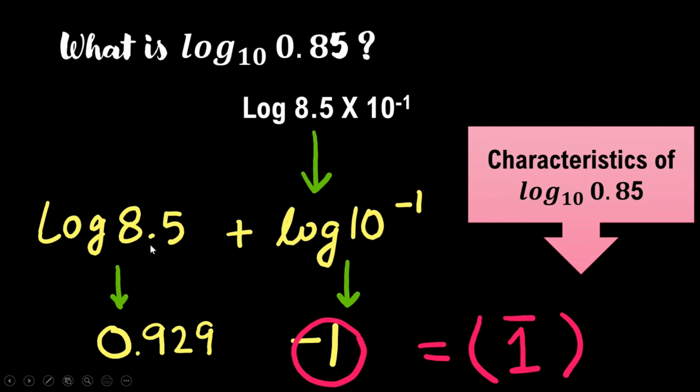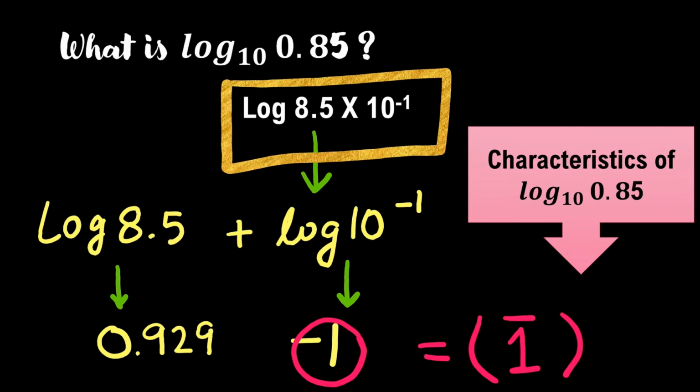Then you split it after using the product law. Whatever the power of 10 is, that is the characteristic, and if it is negative, we write it as 1 bar. I'll explain why within a couple of moments. So please remember the rearrangement part.